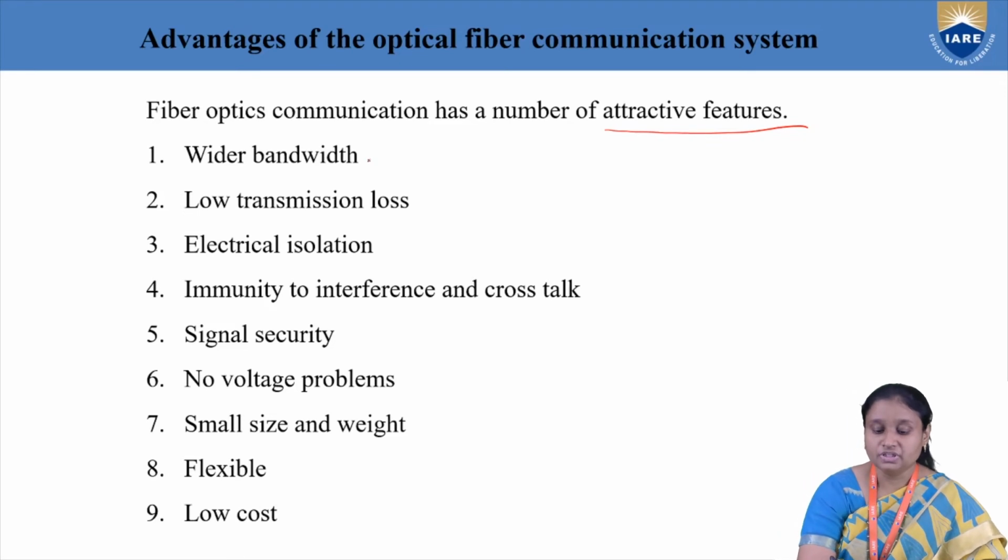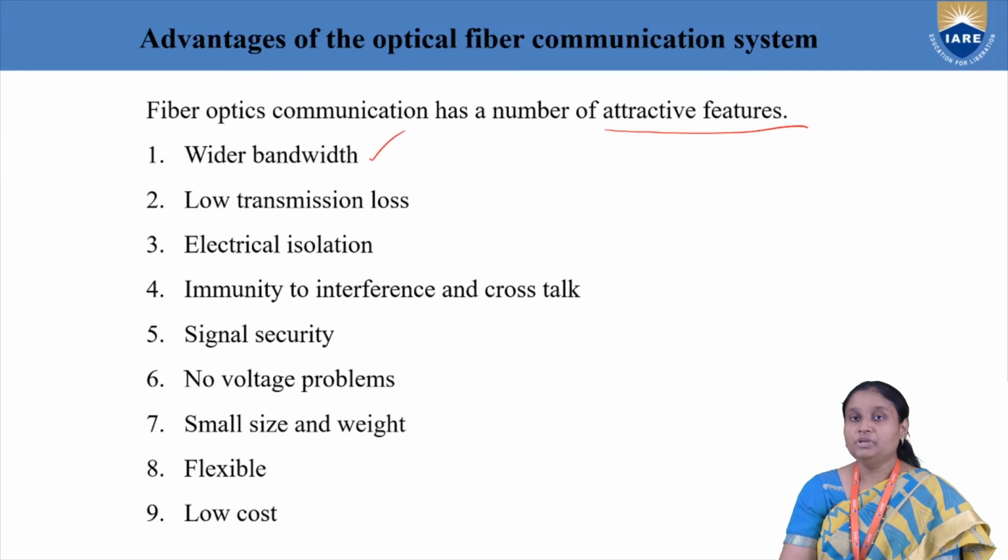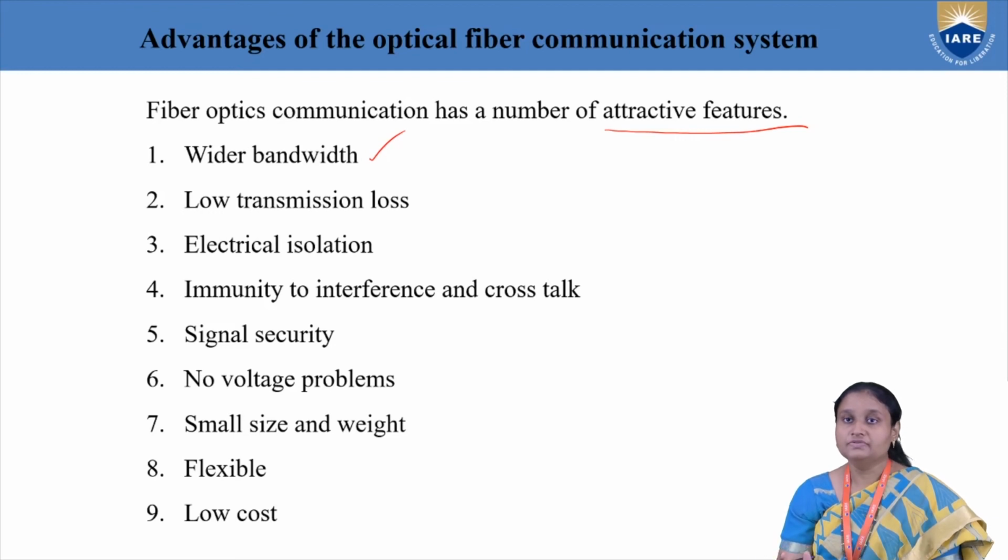What is the first feature? The first feature is wider bandwidth. What do you mean by wider bandwidth? We know what bandwidth is: a certain range of frequency signals that can be transmitted through optical fibers. If you take optical fibers, their bandwidth is wide.